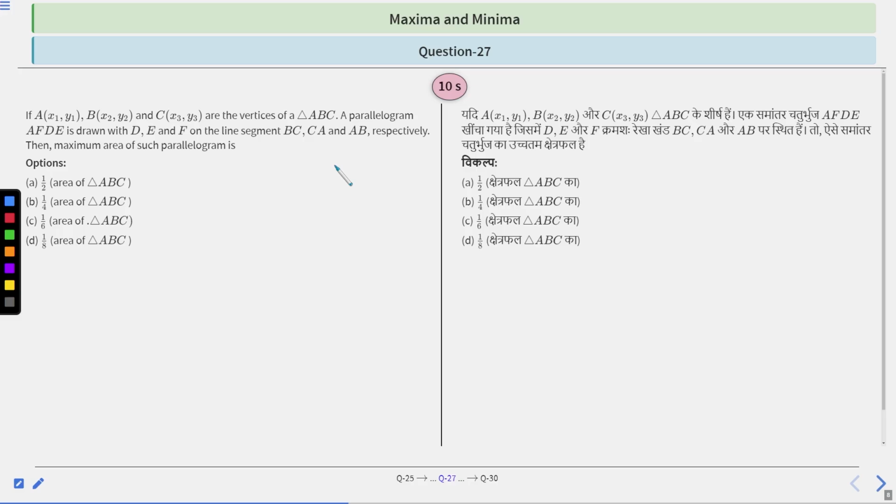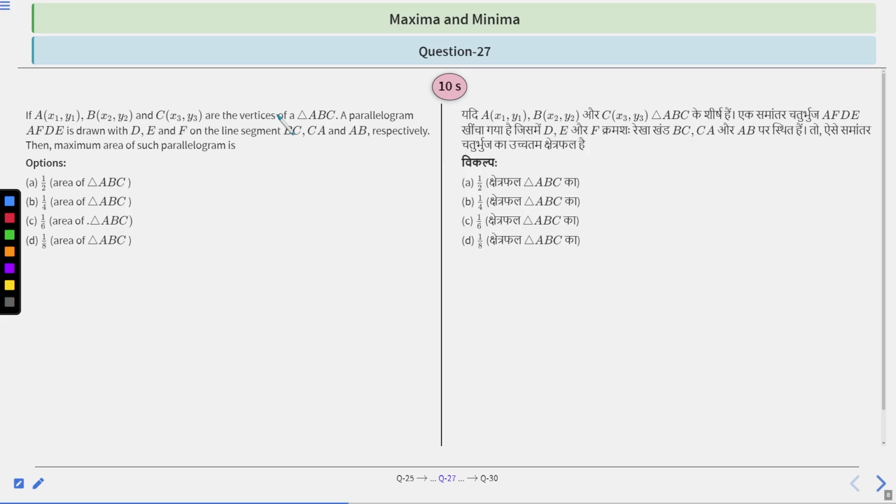So we can easily calculate the area of the parallelogram, which will be a function of x, y, right? And after that, we can differentiate. Suppose the area is delta, so we can take d delta upon dx or dy, whatever the variable will be. We will convert one variable to the other. Clear?